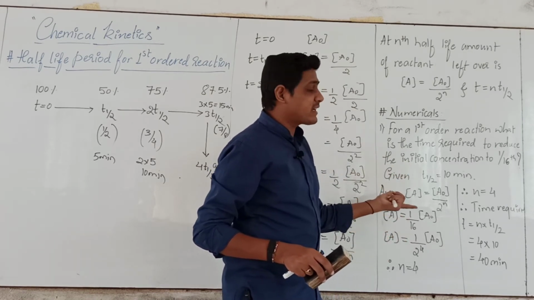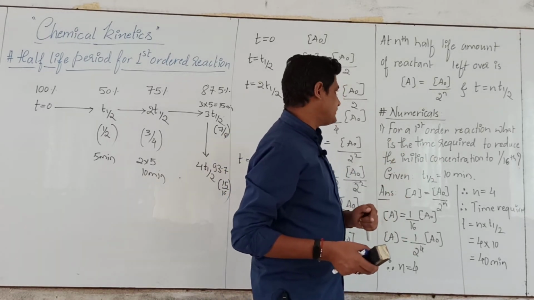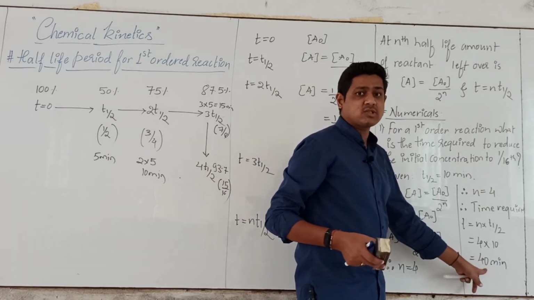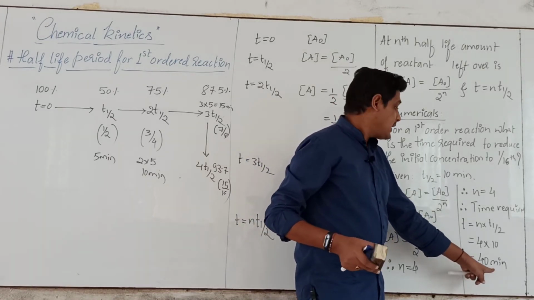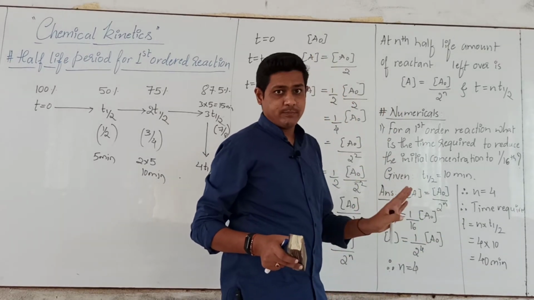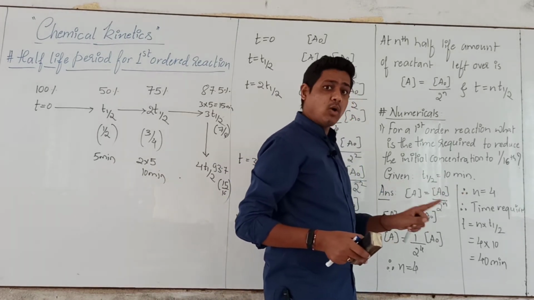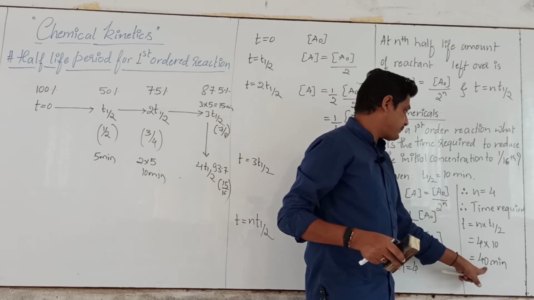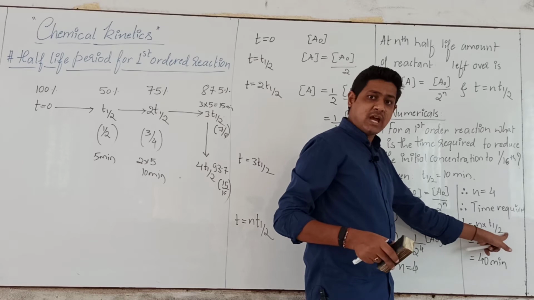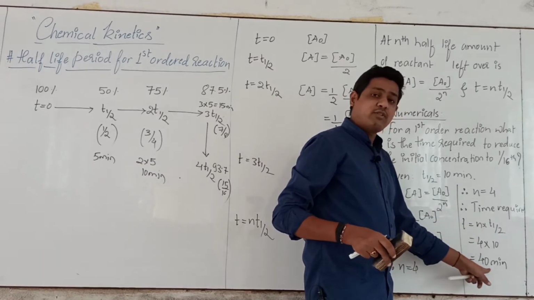The same question can be reversed. Like how? They will say that for a first order reaction, in 40 minutes, what is the amount of reactant left if its half-life is 10 minutes? Now they are giving you the time. You don't know which half-life, they have given the half-life period and the time, 40 minutes, but not which half-life.